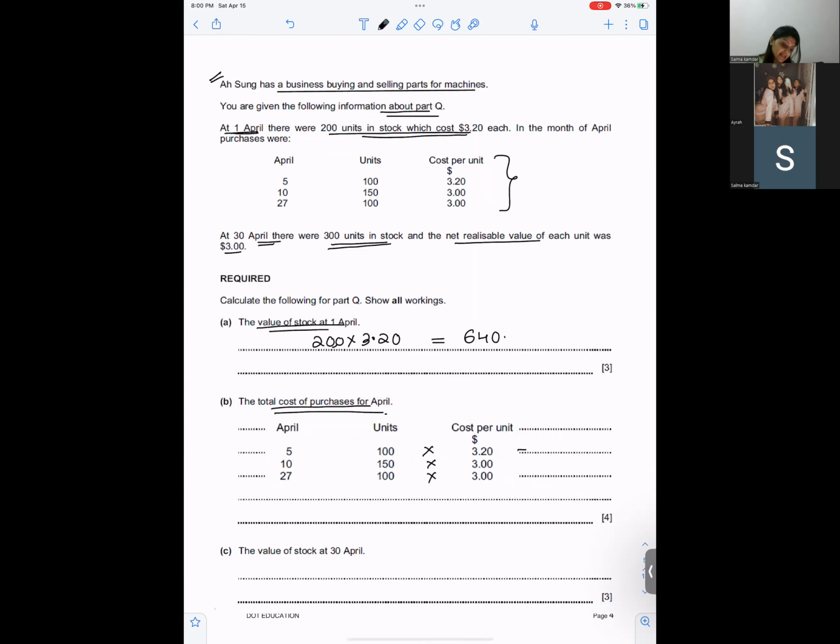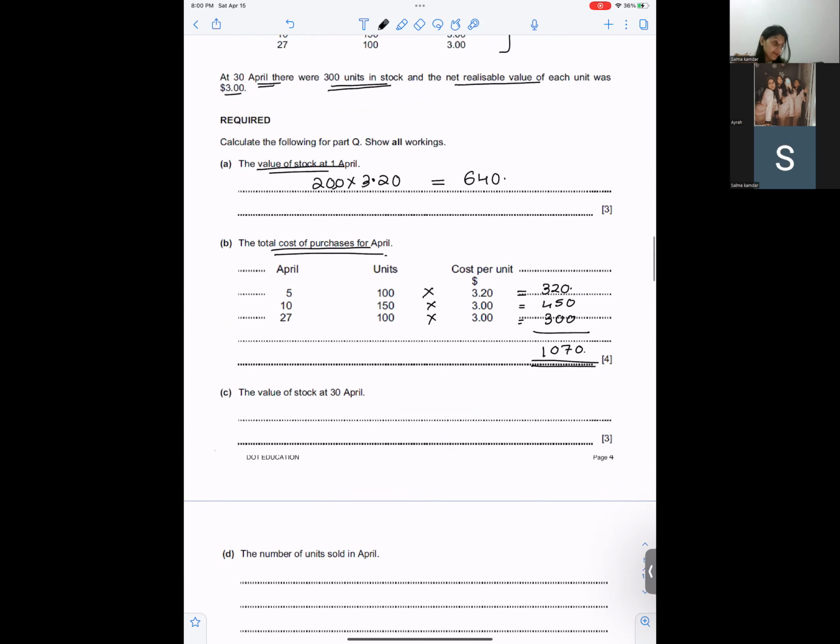You'll just multiply it. You'll get cost of purchases. So it's 320, 450, and 300. So the total will be 1070. So what is your total cost of purchase? 1070.